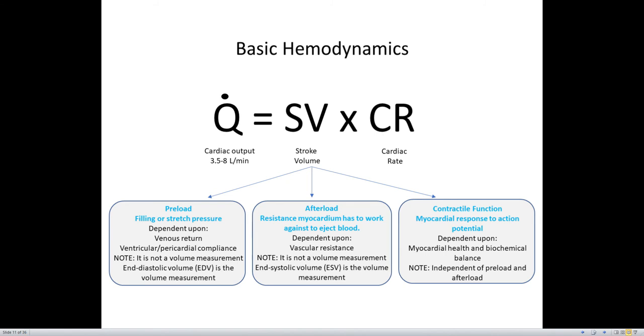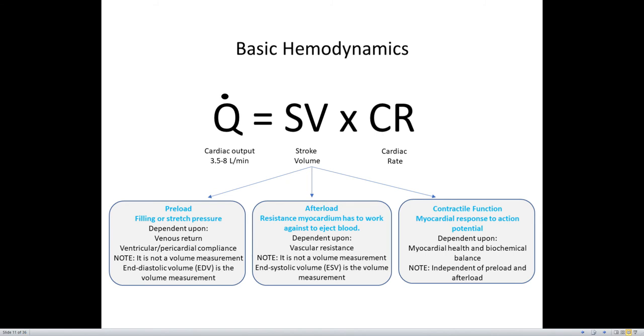Afterload is the resistance the myocardium has to overcome to eject blood. So it's basically vascular resistance. That's what it is. So it's dependent upon vascular resistance. For example, the size of the blood vessels, the radius, the viscosity of the blood, etc. Also keep in mind it is not a volume measurement.